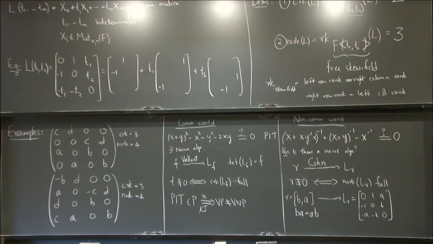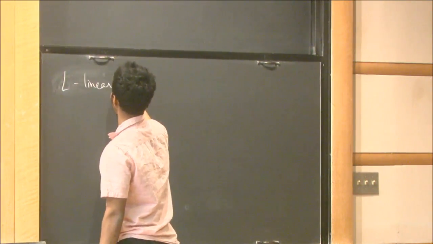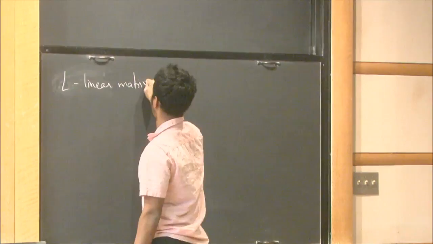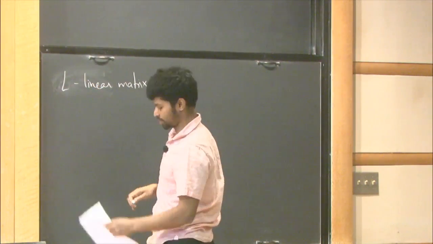Okay. So now let's talk a little bit about how one might compute the commutative rank in practice. So I have a linear matrix. Let's just take that same one to keep in mind.